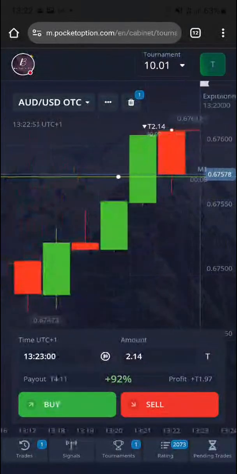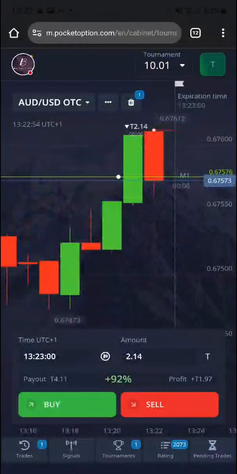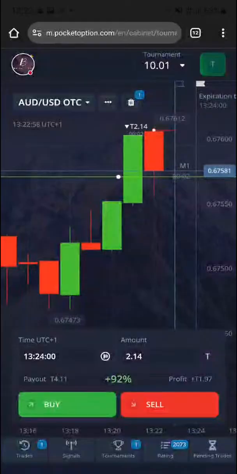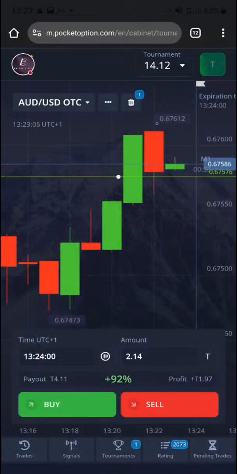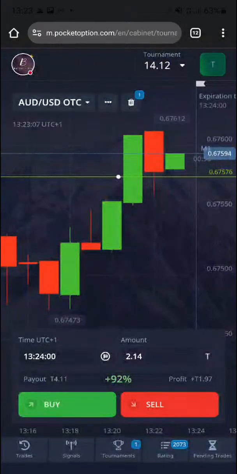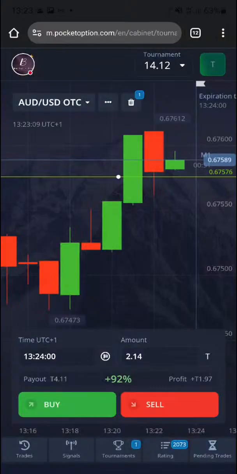But I was looking for more reasons, so I said, let's wait for this candle close. After this candle close, we have a gap up. That gap up is in favor of the sellers. We were planning to go with the sellers before, and now we have a better reason. That's two reasons, right? Now look at this pattern.